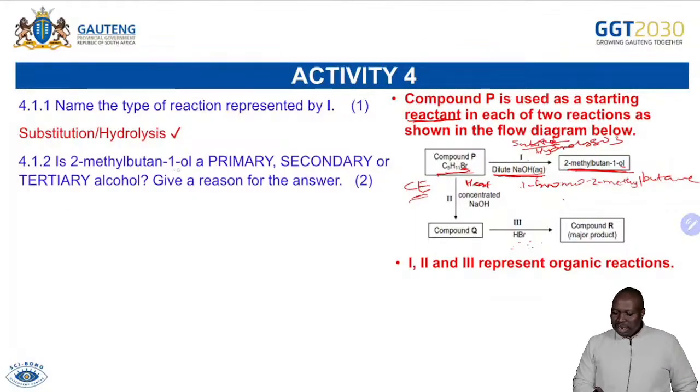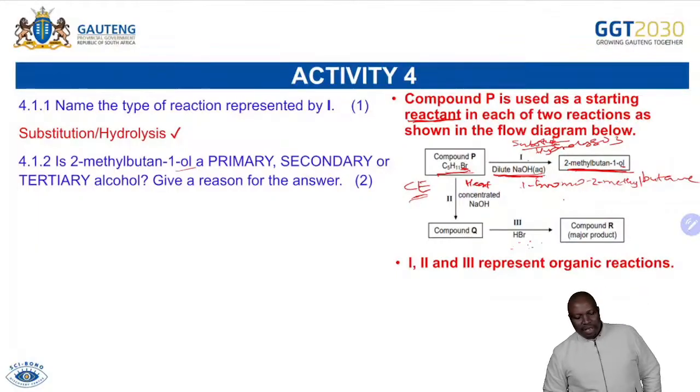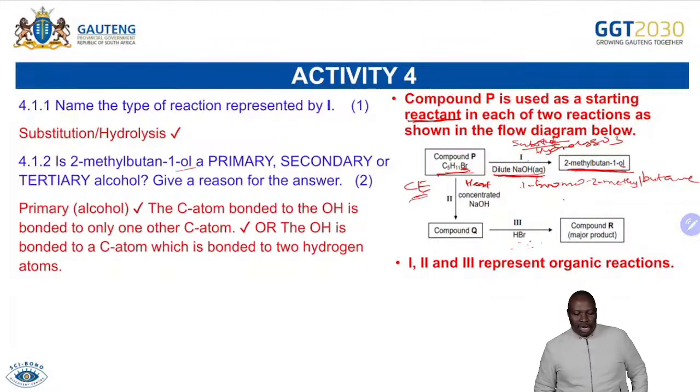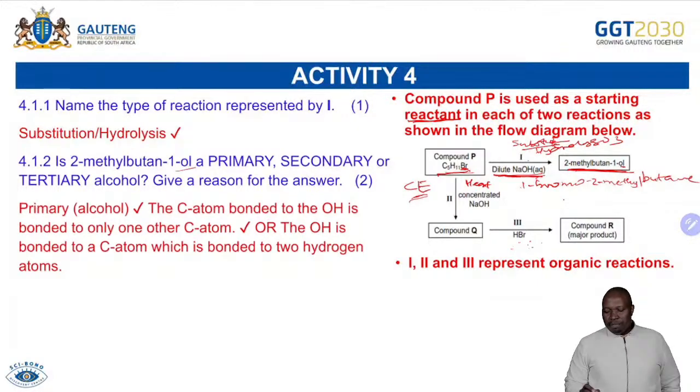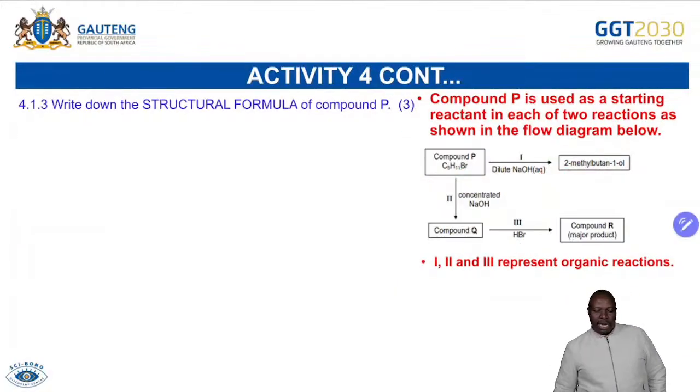You can see that the 1-ol there, in terms of the OH, the carbon which it is bonded to is a primary carbon, because the carbon atom bonded to the OH is bonded to only one other carbon. How many other carbons? One other carbon. So we're calling it a primary alcohol.